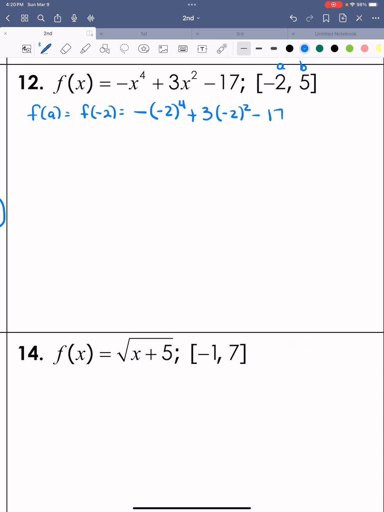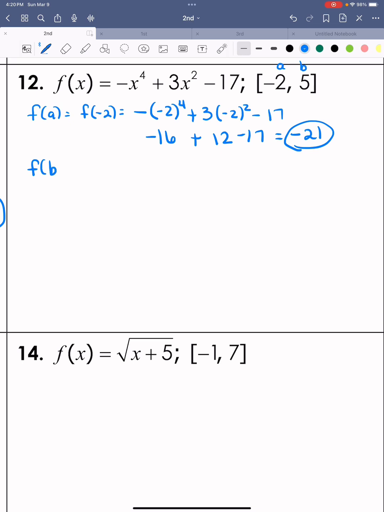Negative 2 to the fourth is going to be positive 16, and then that negative in the front makes it negative, plus negative 2 squared would be 4, and 3 times 4 is 12, minus 17. Those will combine to give you negative 21 for f of a.